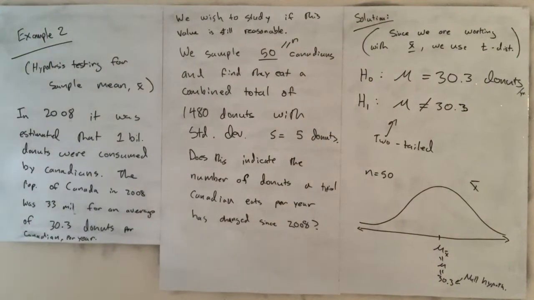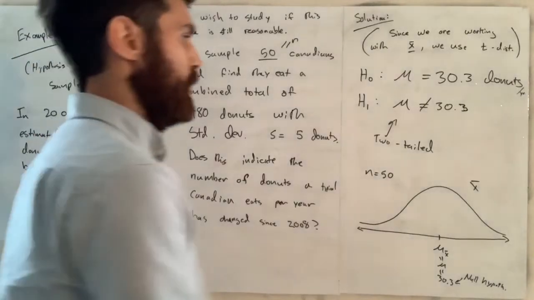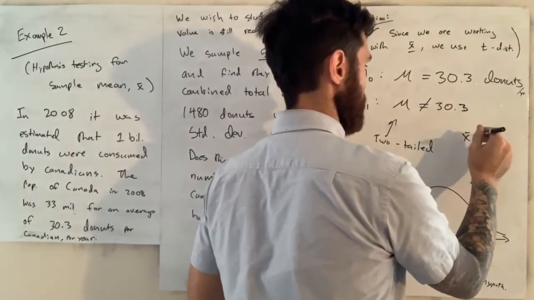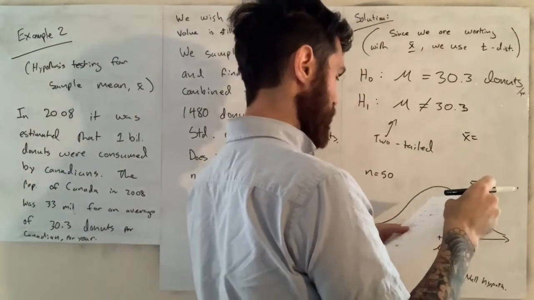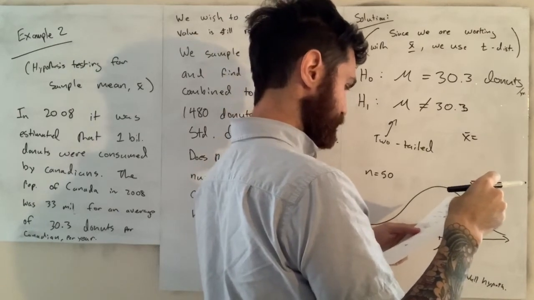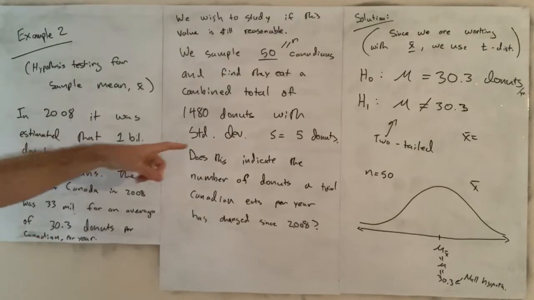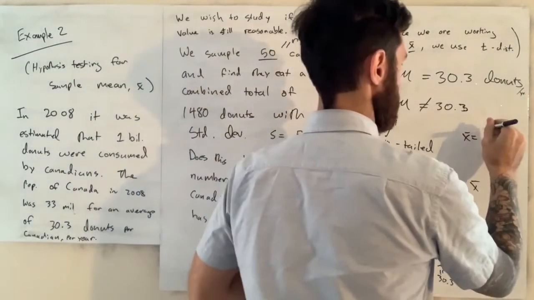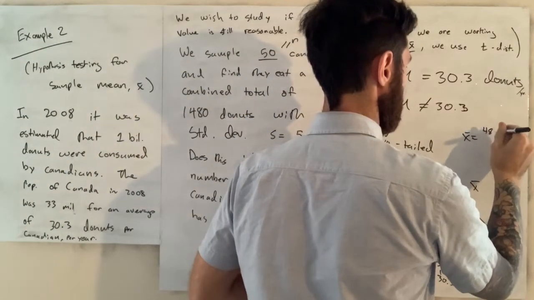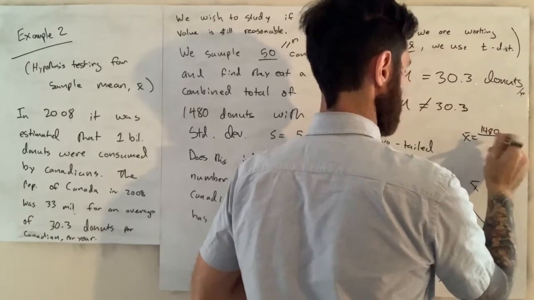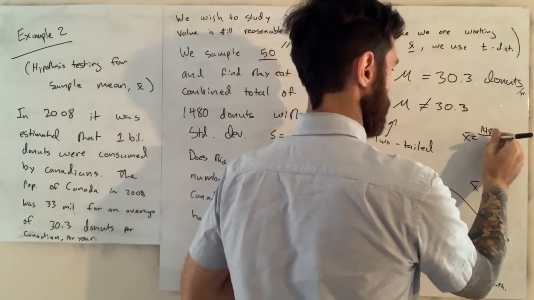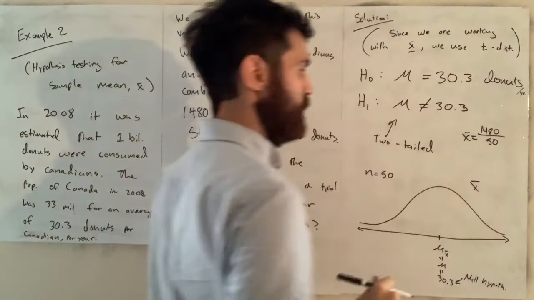All right. So from our sample, what did we find? We found that 1480 donuts were consumed by 50 people.